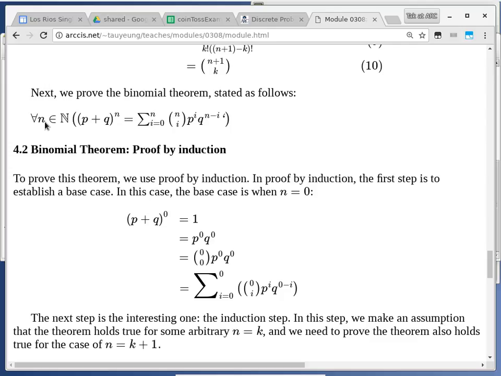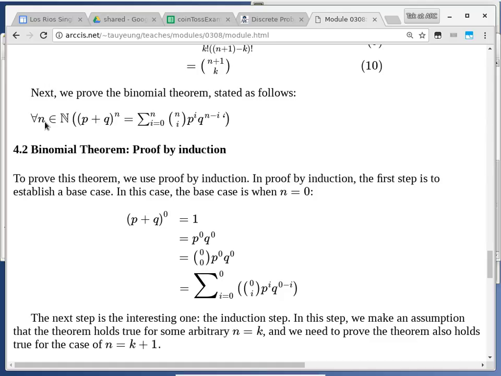So it makes sense. (p plus q) to the power of 0 is 1. We know that. 1 can also be re-expressed as p to the power of 0 times q to the power of 0. But then we can also throw in another 1 here, which is 0 choose 0. Okay? Then the whole thing makes sense. Is that okay? That's your base case.